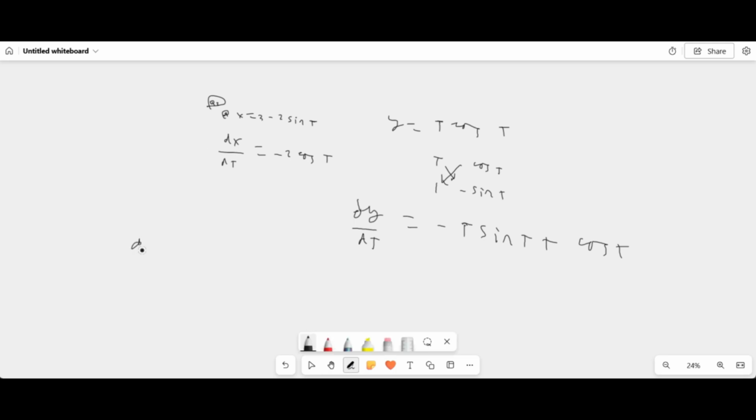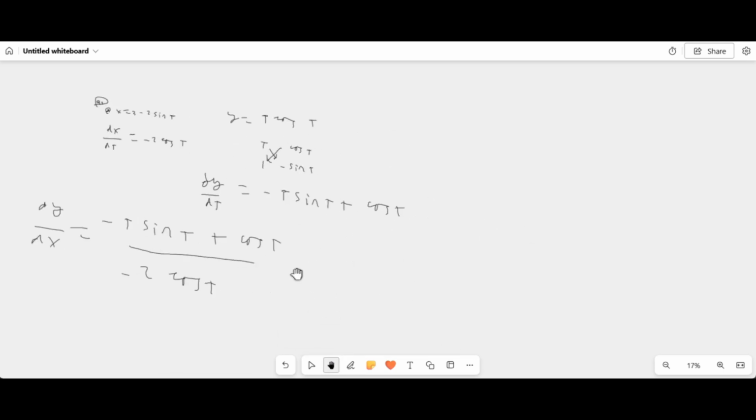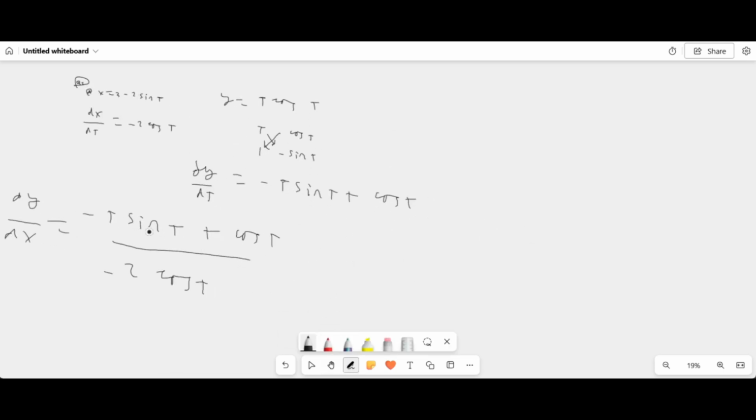And obviously to get dy over dx here, therefore it's going to be minus t sine t plus cos t over negative 2 cos t here. And obviously here, minus t sine t divided by negative 2 cos t, the negative is going to cancel here.